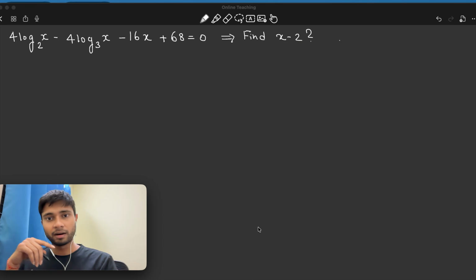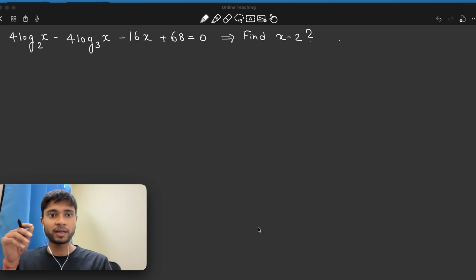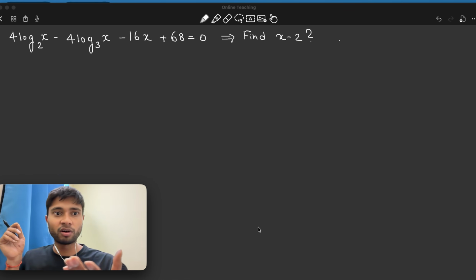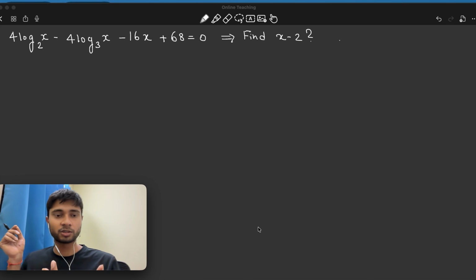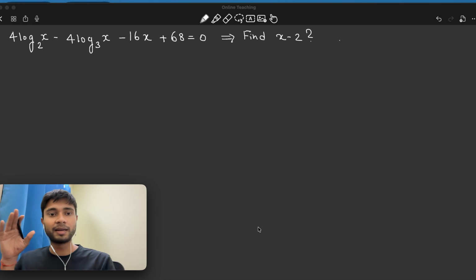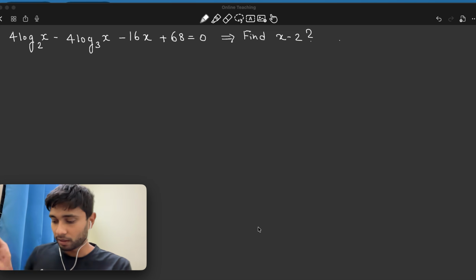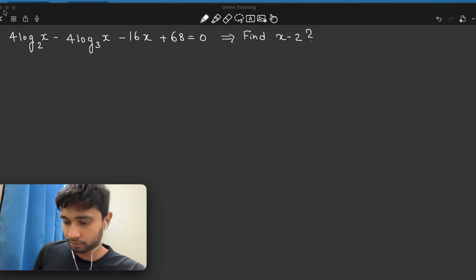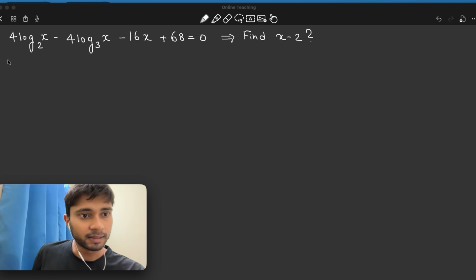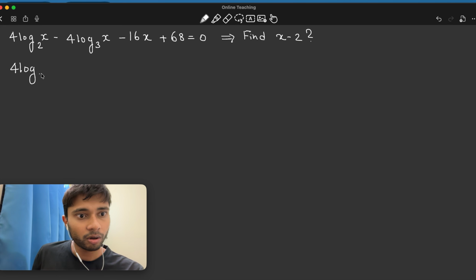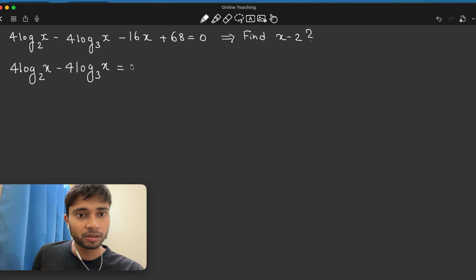So after 5 minutes I thought, what we can do is club the logarithmic terms together, and club the linear terms together, and try to see what it gives. So what I did: I kept 4 log x base 2 minus 4 log x base 3 is equal to 16x minus 68.